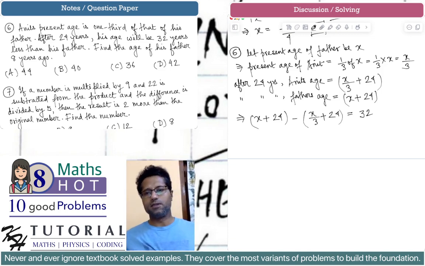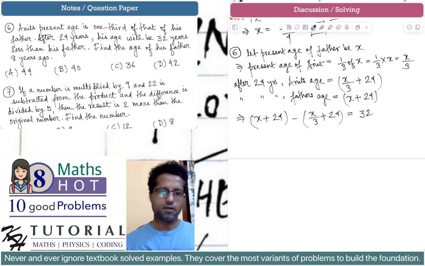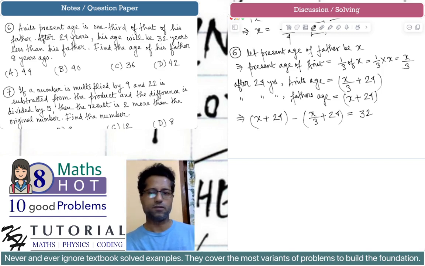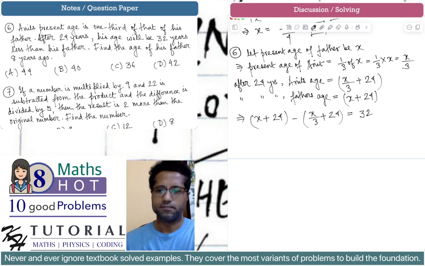But if you are not comfortable with that, then since there is one rational term in this equation, x by 3, where the denominator is 3, you can multiply both the sides of the equation by 3.